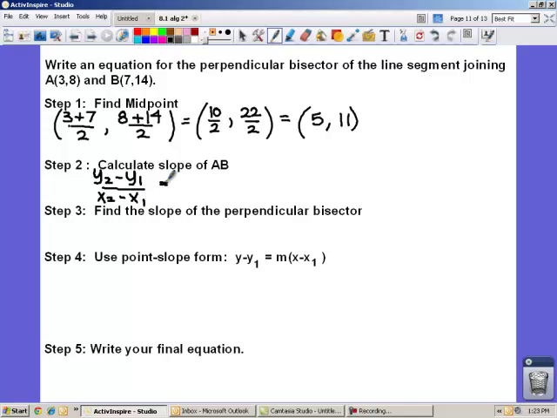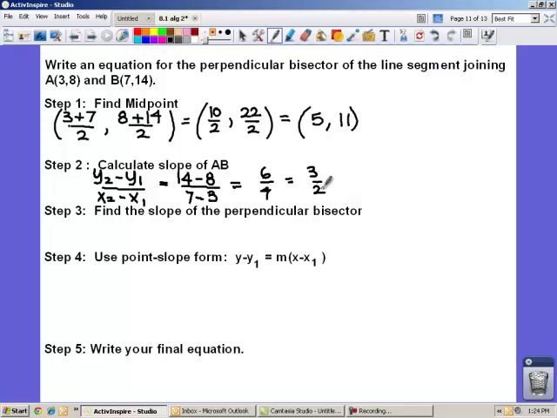Okay, so we have our y2, which is 14, our y1 is 8, and our x2 is 7, and our x1 is 3. And if we simplify this, we have 6 over 4, which we want to reduce to 3 over 2. So the slope of that blue line is 3 over 2.